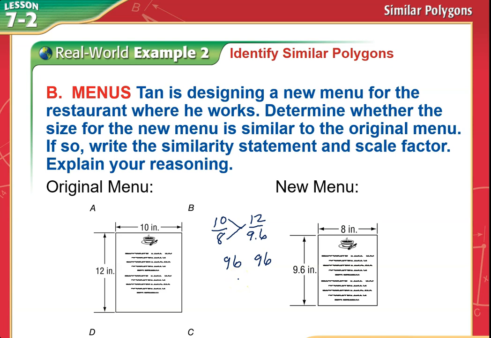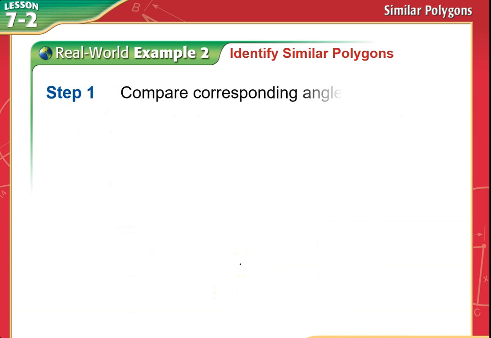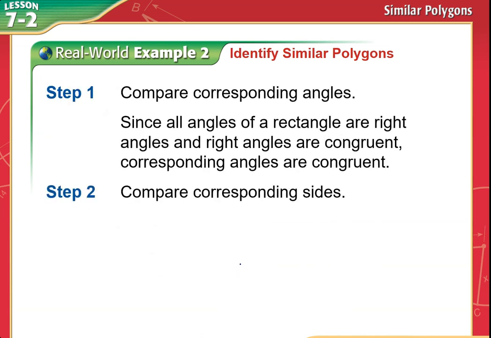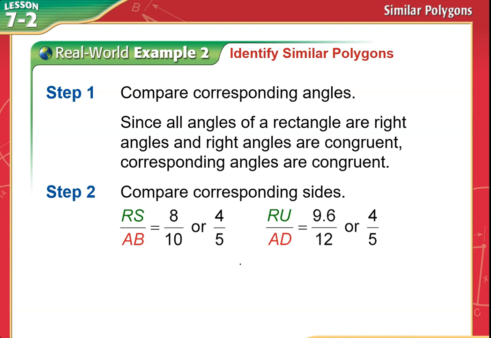But what we want to figure out is what is the scale factor. The scale factor is going to be the 10 to the 8, or I guess you can say 5 to 4. Now they do have 4 to 5 because they had the scale factor going from the bigger to the smaller.